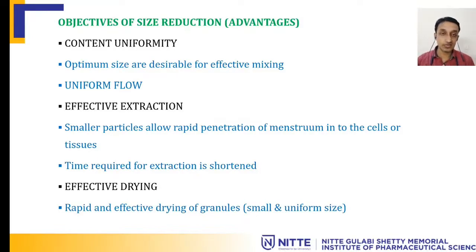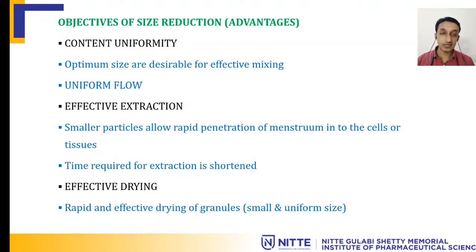These crude drugs may be dried and further size reduced extensively in order to obtain a better extraction. Smaller particles allow the rapid penetration of menstruum into the cells and the tissues, and it will allow a better and effective extraction. And the time required for extraction is shortened by size reduction of the material.